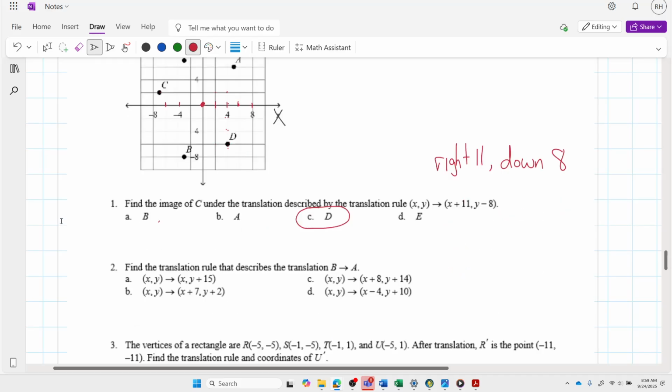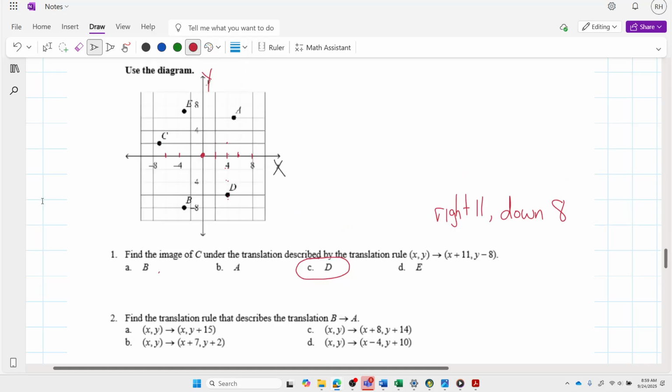And then problem number 2 asks you to find the translation rule that describes the translation B to A. So you're going to go back to your graph and you're going to go to B, which is right here, and you're going to go to A. All right, so right now B is at -3 on the x-axis.